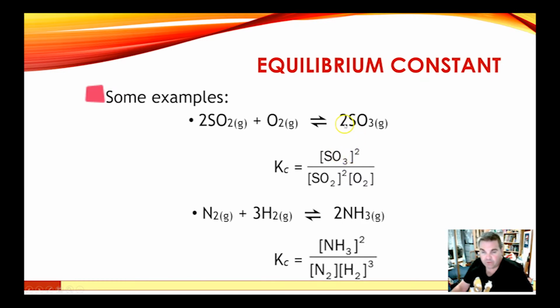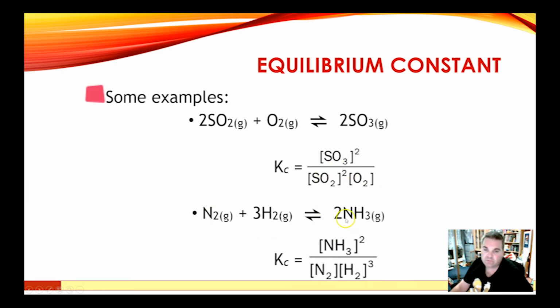We've got a 2 out the front for our stoichiometric value here, and then we've got a squared here. We've got a 2 in front of the sulfur dioxide, which is down the bottom, and a squared. There's a 1 out front of the oxygen, so it's just the oxygen by itself. So the Kc expression for this equation is [SO3] squared over [SO2] squared times [O2].